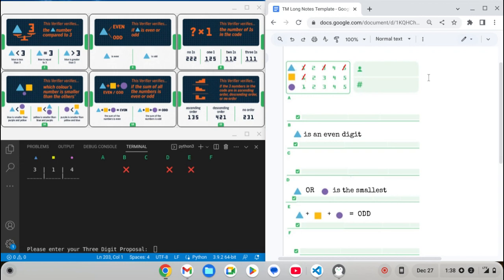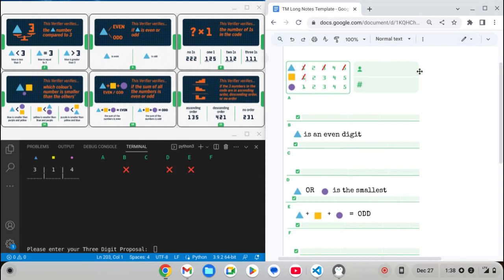And I think that might be all we can say. Because technically I think square could be a 2, because circle could be the smallest, and triangle could be equal, right? We do have two evens, so 2 or 4. So that's plausible. So I don't think we can cross out anything there.